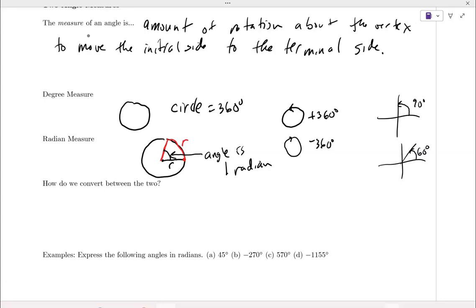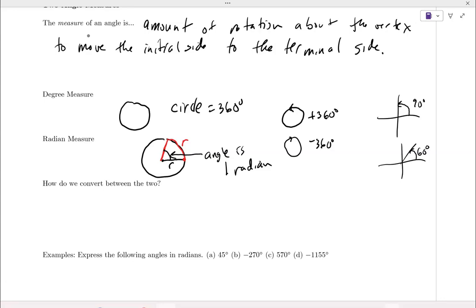If you go through the book or other books and read about angles, this is referred to as a central angle of the circle. The vertex of the angle is at the center, so it's a central angle. We talk about this arc of the circle being subtended by the central angle.